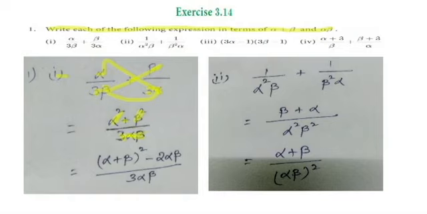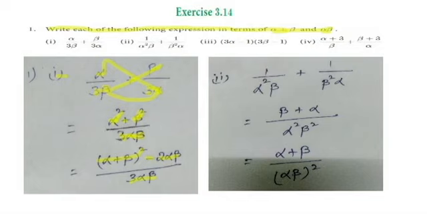Okay, but we need to change as alpha plus beta and alpha beta, but here it comes alpha square plus beta square. So you should use the formula here. Alpha square plus beta square formula is alpha plus beta the whole square minus 2 alpha beta, divided by, write the 3 alpha beta as it is.